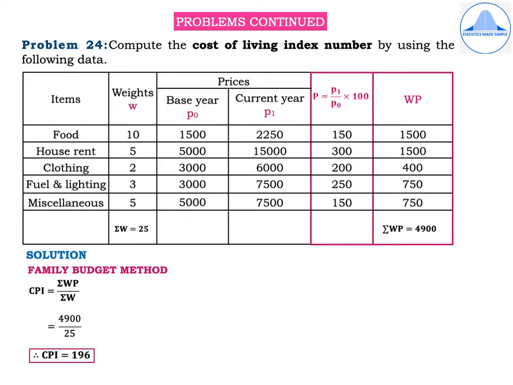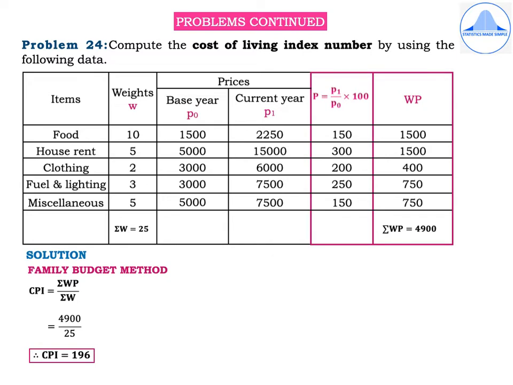The base year prices are 1,500, 5,000, 3,000, 3,000, 5,000, and the current year prices are 2,250, 15,000, 6,000, 7,500, 7,500. Let us mark weights as W, the base year prices as P0, current year prices as P1, and summation W is equal to 25.